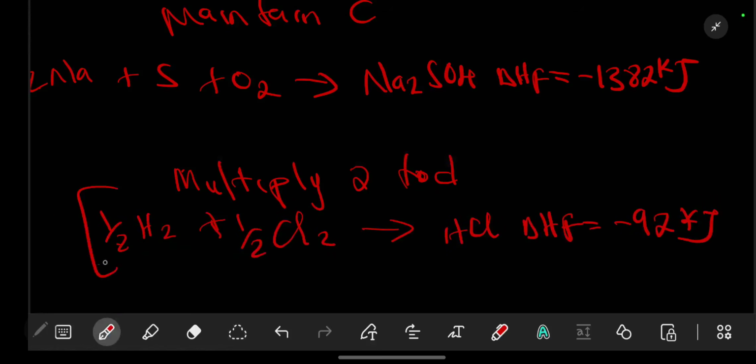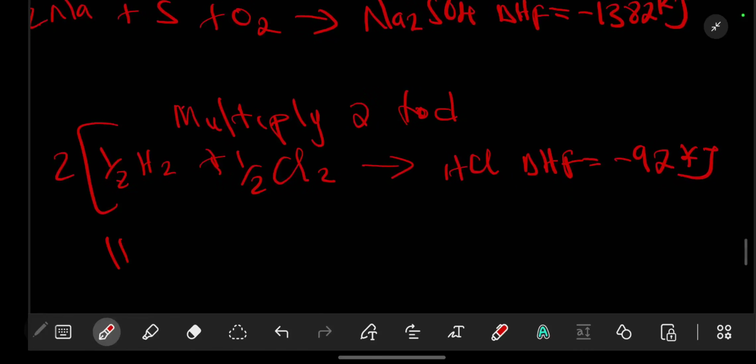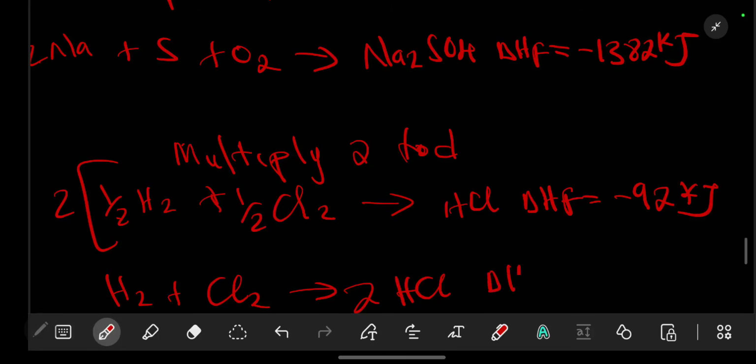So it will be 2 by half. It will just be H2 plus Cl2 should be able to produce 2 HCl. Then the change in enthalpy should be equal to negative 92 times 2. So 92 times 2, it will be negative 184 kilojoules, like that.